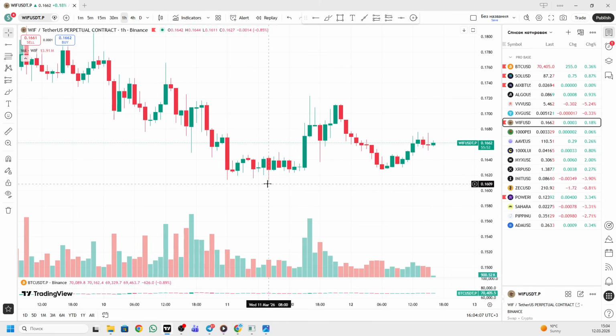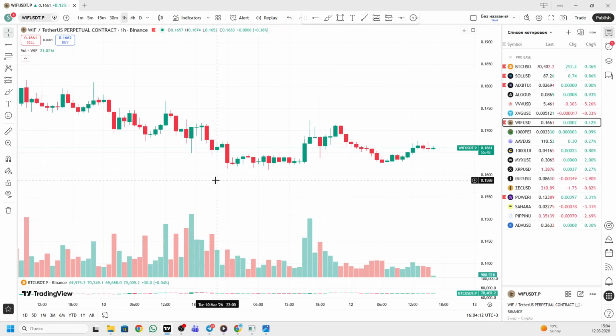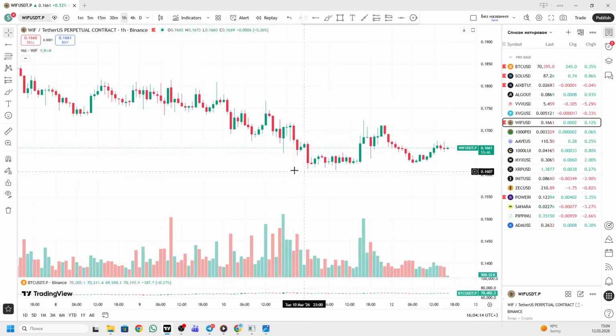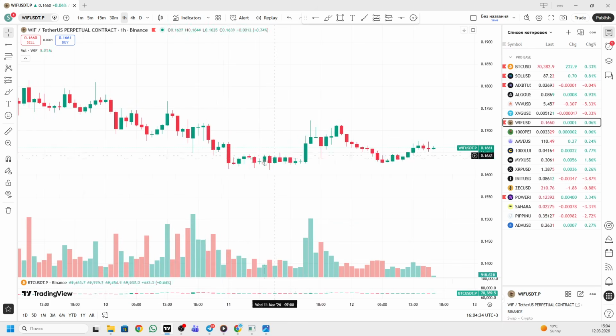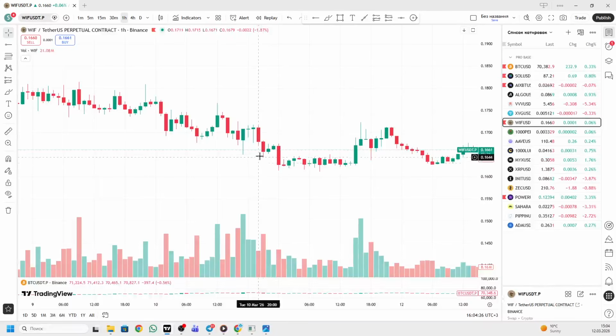10th of March at 9 p.m., it was, right? This one. This candle at the same time, like we measured it at AIXBT.